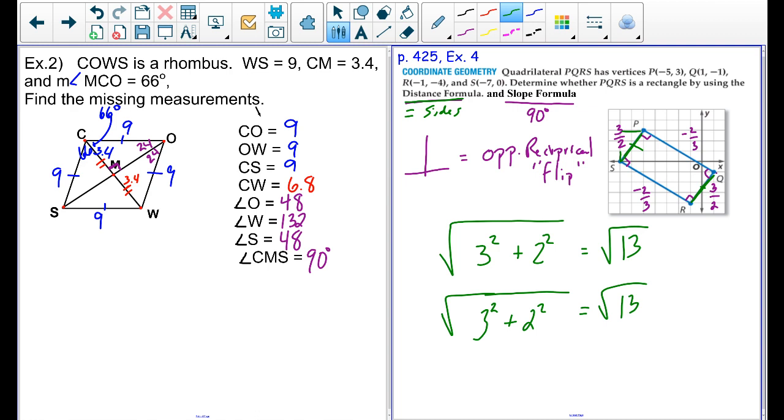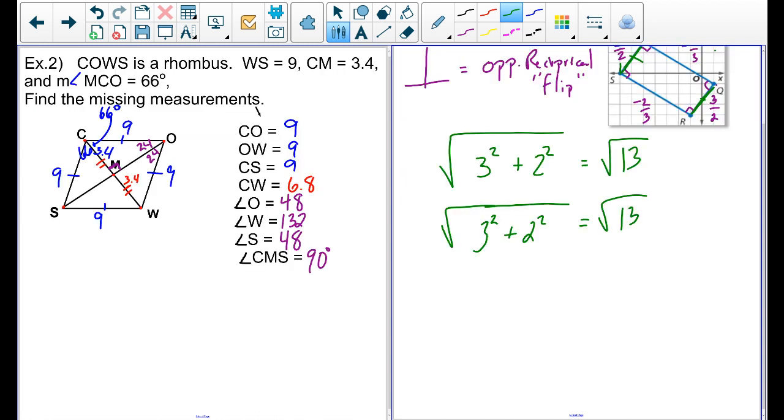Now let's check the other sides. Now again, I have to count from point to point. So 1, 2, 3, 4, 5, 6. 1, 2, 3, 4. So 6 and 4. So square root of 6 squared plus 4 squared. That's our differences.